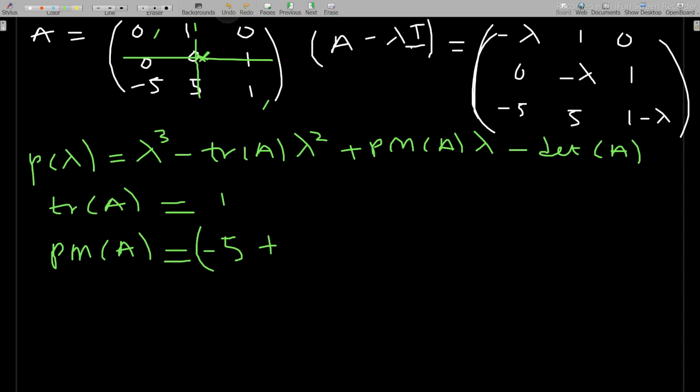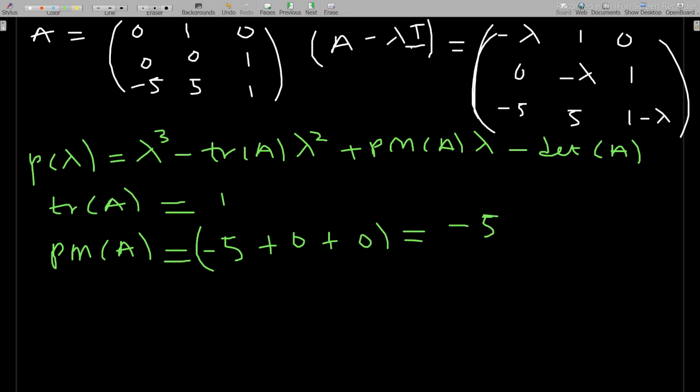So the second principal minor is 0. Then you stand on the third diagonal element, cancel its row and column, and the determinant of the remaining is also 0. So the sum is -5.